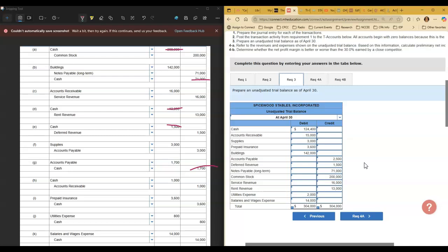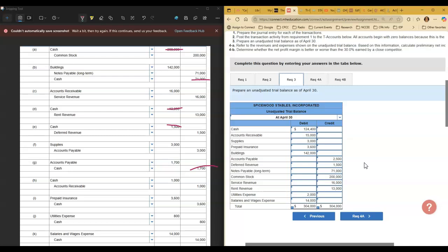Okay? Now, one important thing to understand is that, did we get all the debits in as debits, and did we get all the credits in as credits? Let me make one thing clear, if you need to hear me on this one. It does not mean that you got it into the correct account.